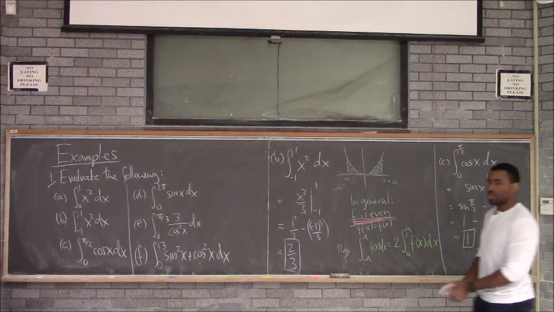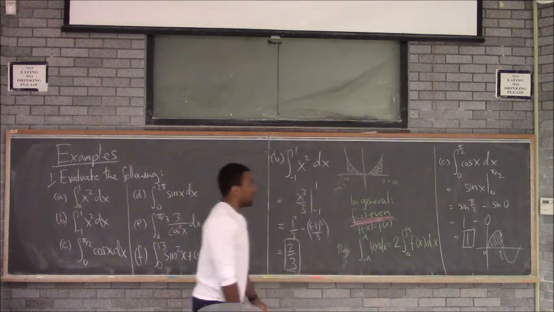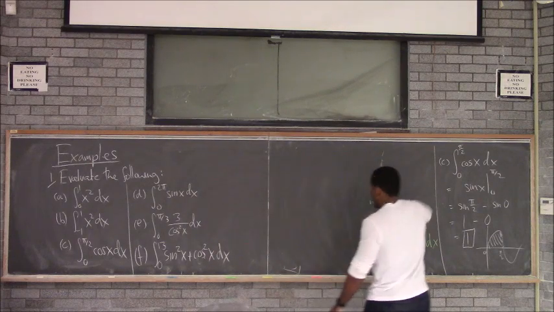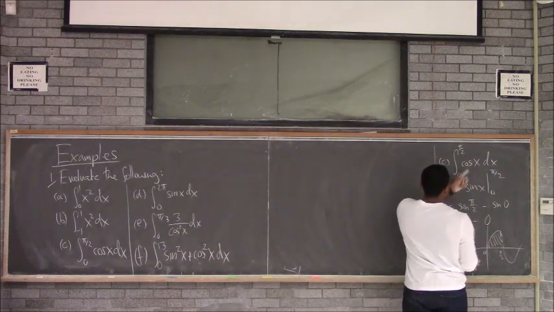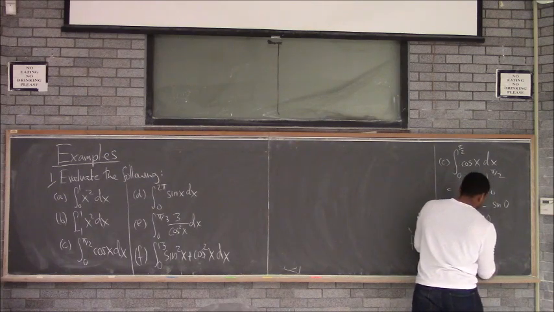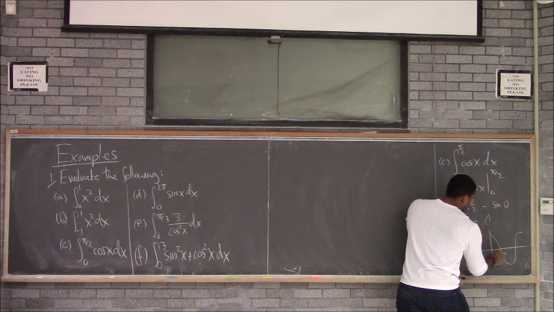Adds up to 1 square unit. That's cosine. So 0 to pi over 2, the area here is 1.